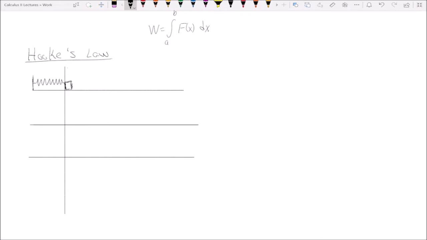We refer to this line as x equals 0. And that's the first case.